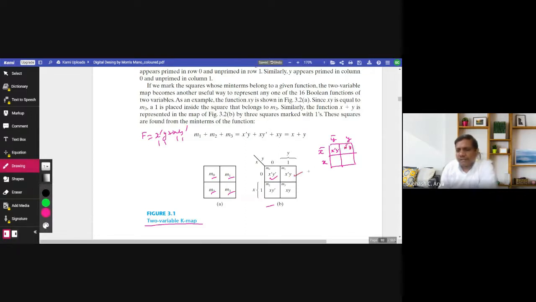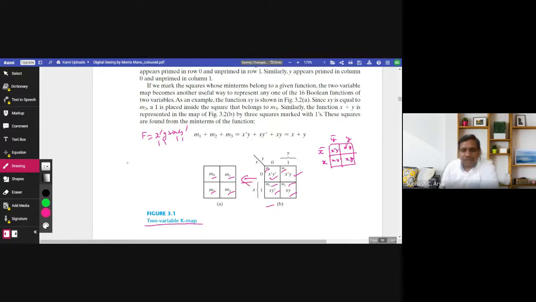Similarly here, this is x, y bar, and this one is x, y. So in this way, the corresponding minterms are: x bar y bar is m0, x bar y is m1, x y bar is m2, x y is m3. So this is how we can map.